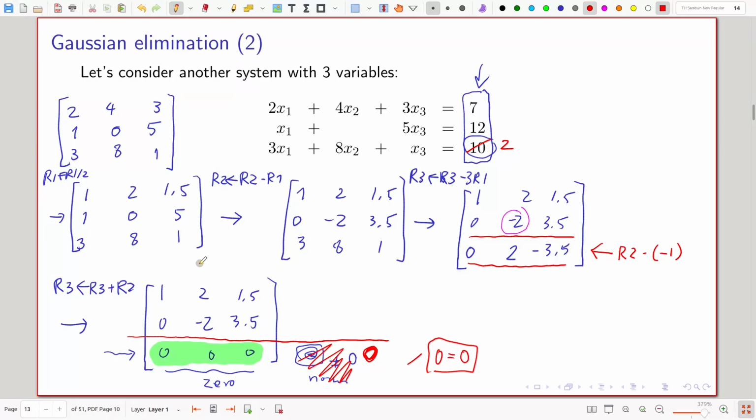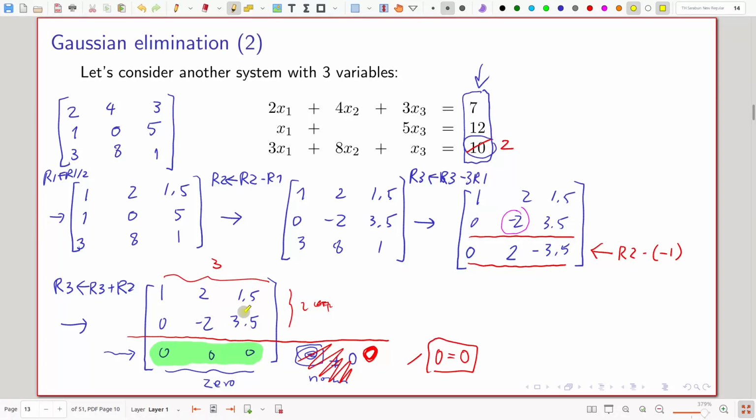So we end up with a system with 3 variables, but 2 equations. So can you solve it? Definitely yes. You can just basically set some of the variables, because you have more variables than equations.